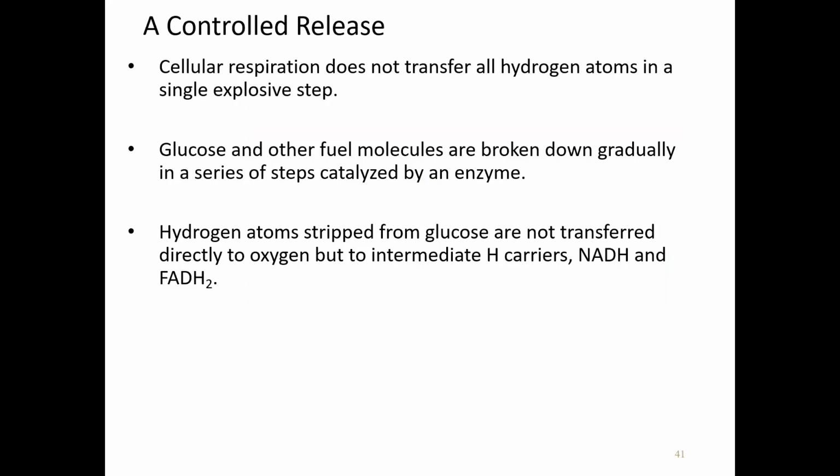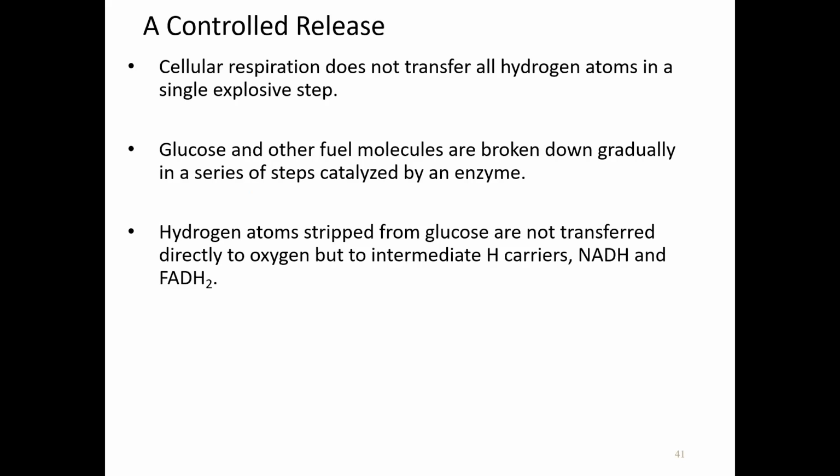We know what rapid oxidation can do. We light a match, that's rapid oxidation. We light a firecracker, that's even more rapid oxidation. Burning wood in a fire pit is sort of rapid oxidation. It's a lot faster than a shovel rusting, but we don't release all the energy at one time. That's not a good idea.